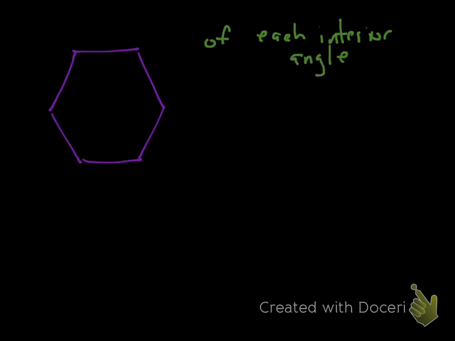Okay, first of all, if it's regular, that means that all of these angles are the same. All right, so the first thing you want to do is use our formula, so it's n minus 2 multiplied by 180.